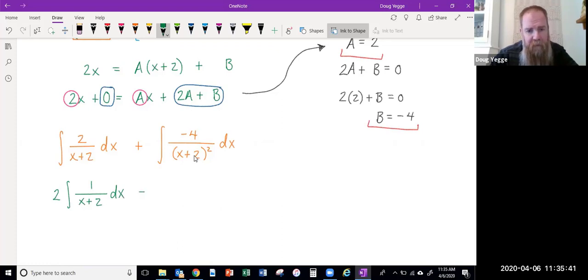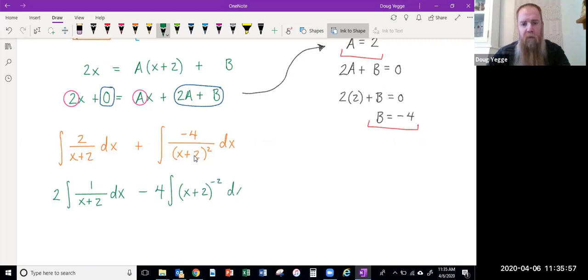Let's pull out that -4 times the integral of x plus 2 to the -2 dx.